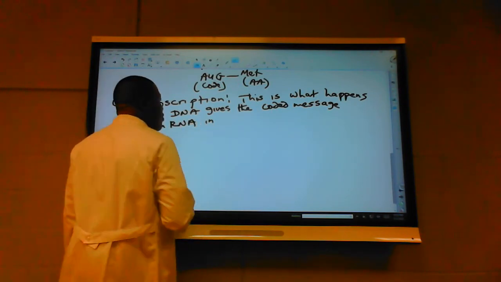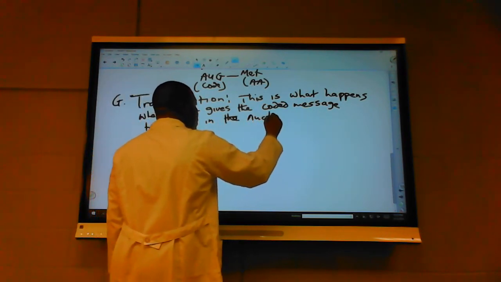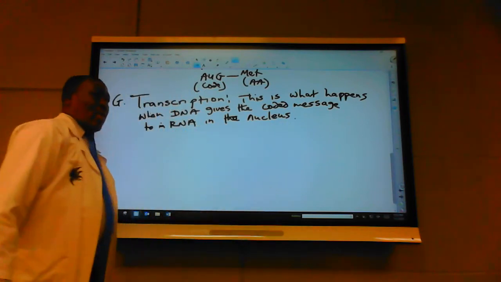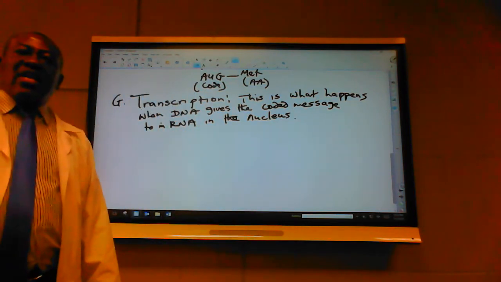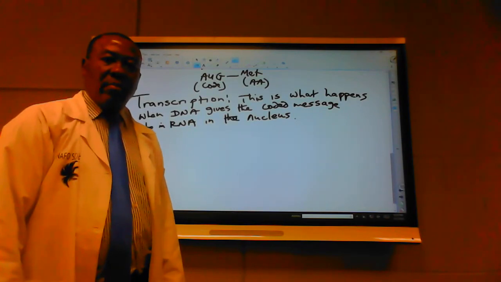Where does that transaction take place? Nucleus. Okay? So that takes place in the nucleus. That's where that message is given, in the nucleus.